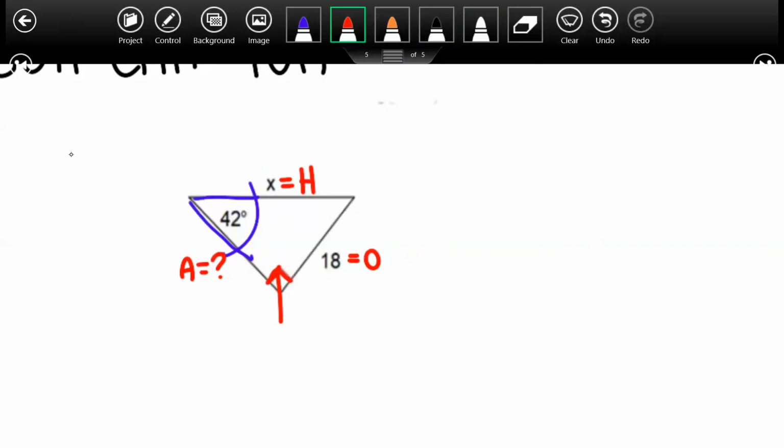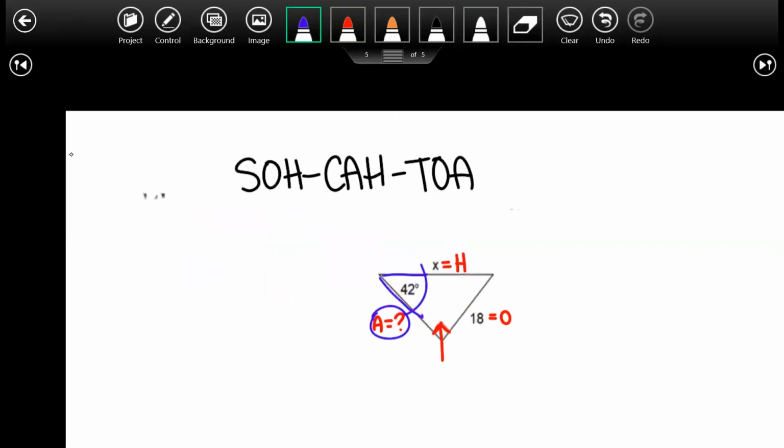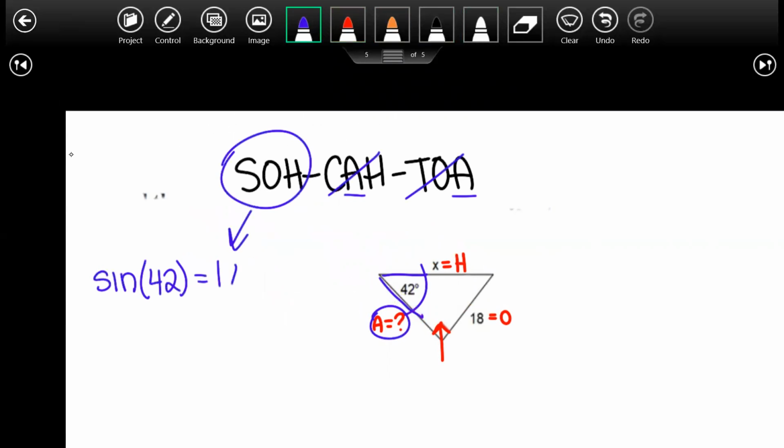Set it up the same way we do everything. What are we missing? A. So everything with A, we're using. What's our angle? A was going to go on this side. 42 is equal to what? Whatever the angle is, see how the angle is right here.